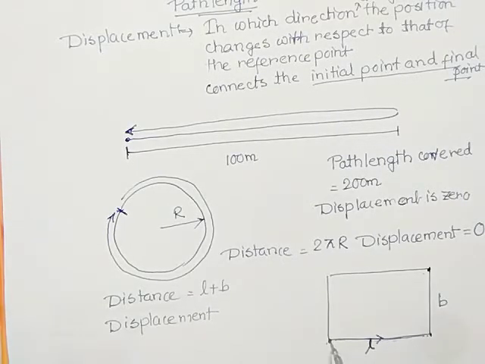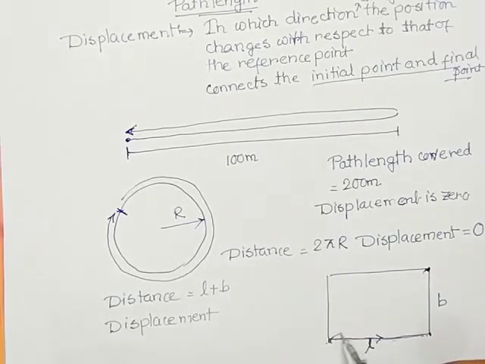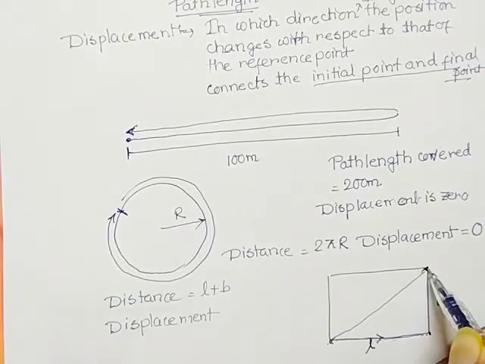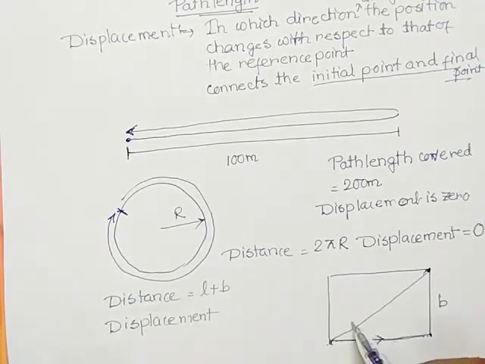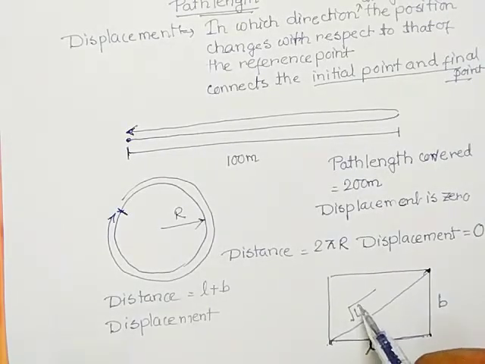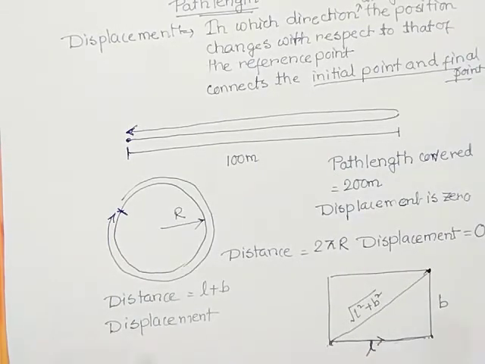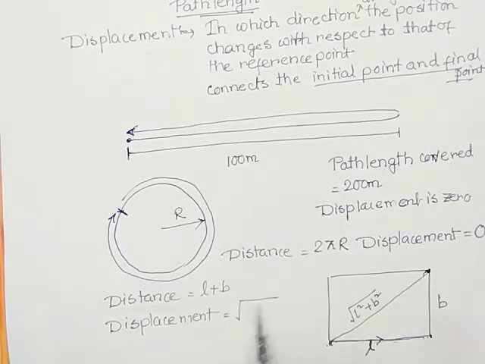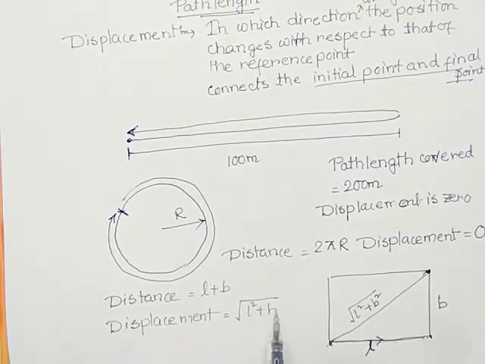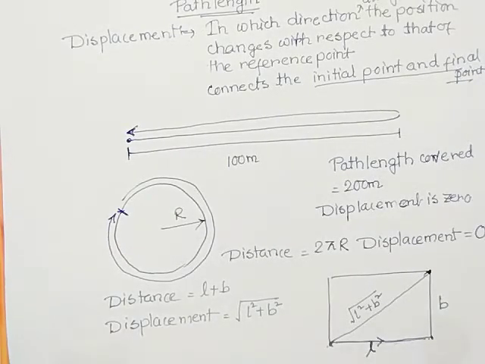The straight line that connects the initial point and the final point is a diagonal, so it will be square root of L square plus B square. So this diagonal is the displacement.